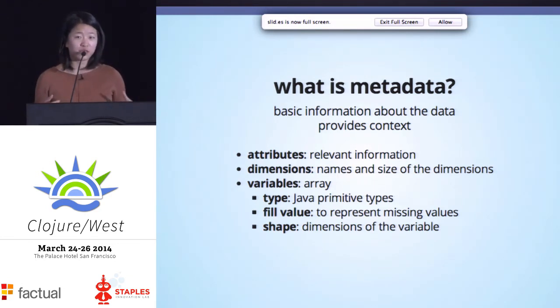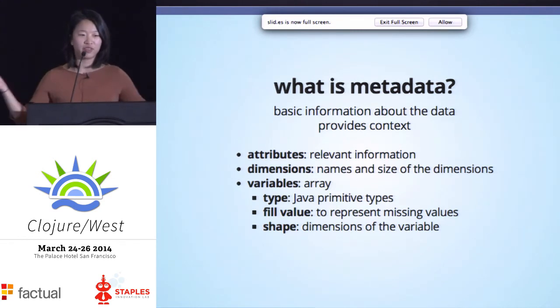And we have some variables. These are the arrays themselves, and you have multiple arrays per data set. There are three attributes that each array must have: type, fill value, and shape. Shape is just saying, I'm defined on these two dimensions. Fill value is how we take care of missing values when the data comes in.